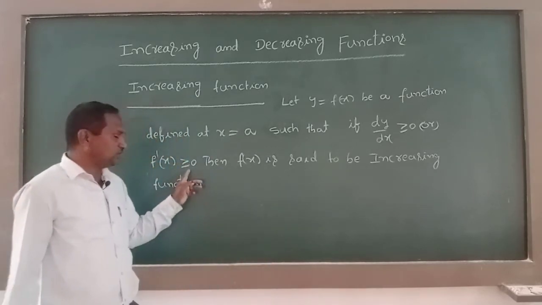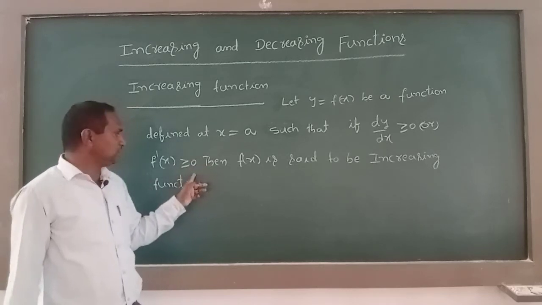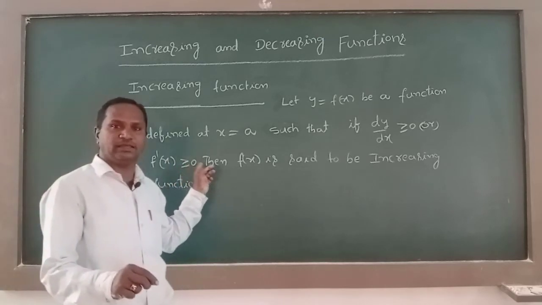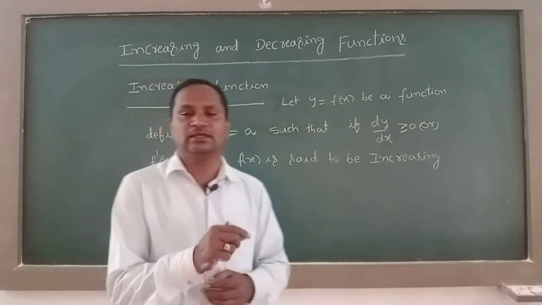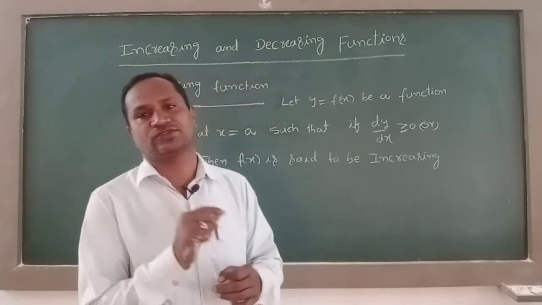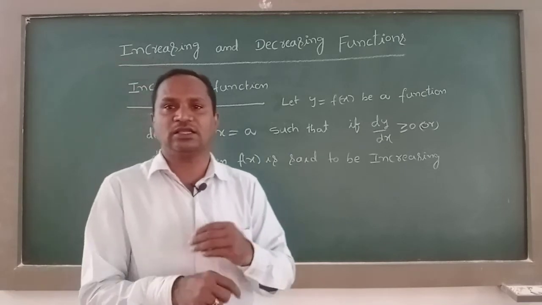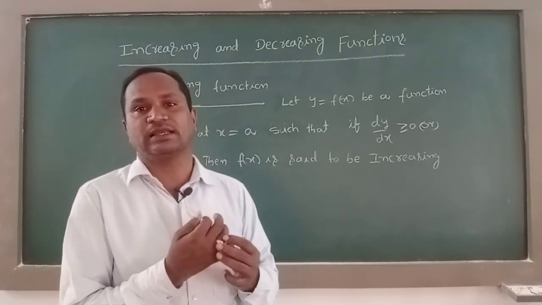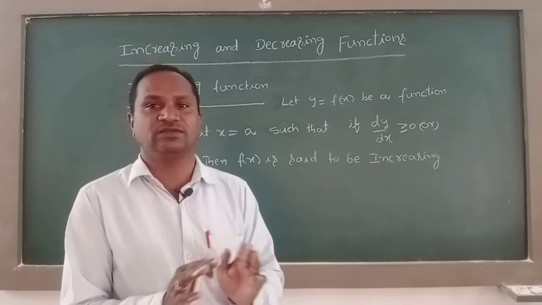Here we are seeing two symbols, greater than or equal. Without equal, only greater than means that function f of x is said to be strictly increasing function. Greater than or equal to 0 means that function is called simply increasing function, totally increasing function.